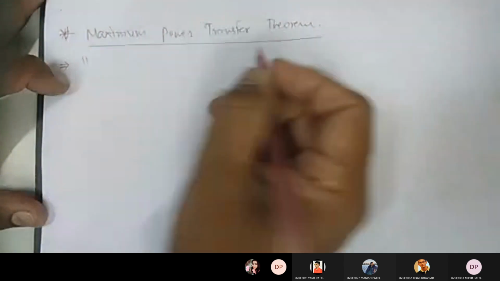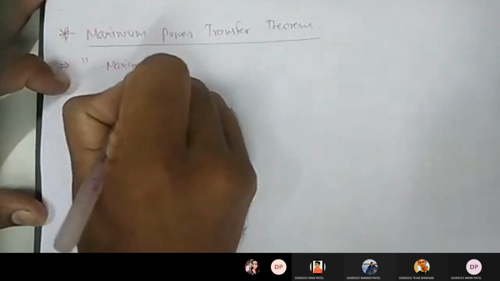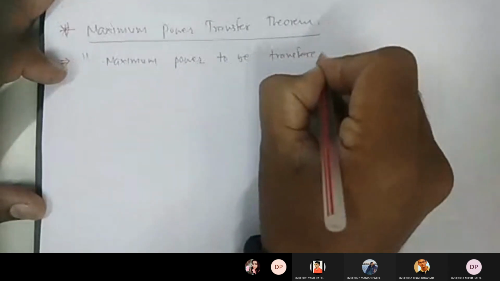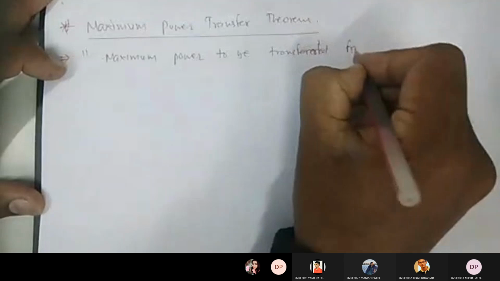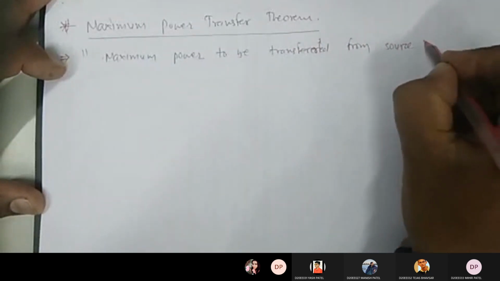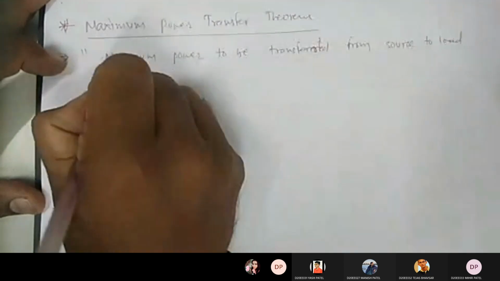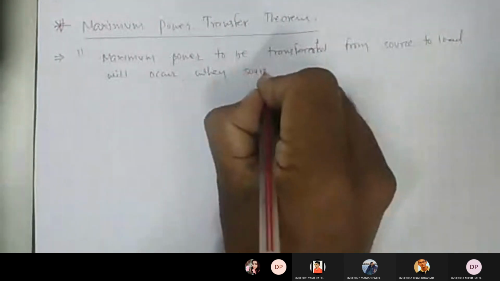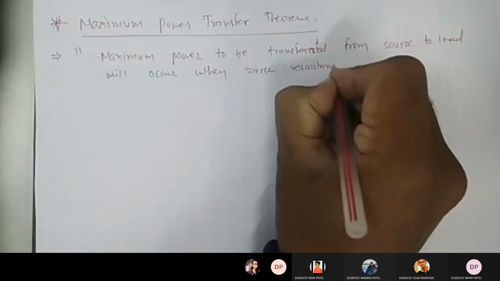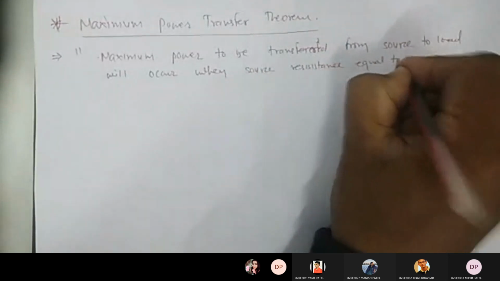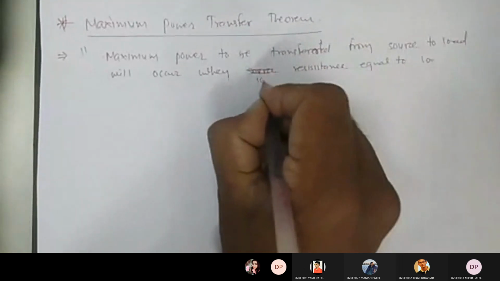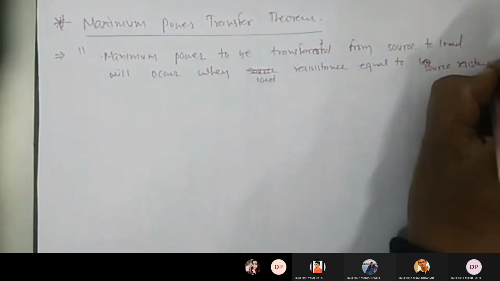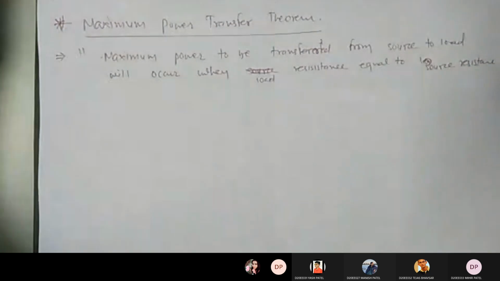The statement of this theorem is: maximum power to be transferred from source to load will occur when source resistance equals load resistance. Okay, so what is our main idea?